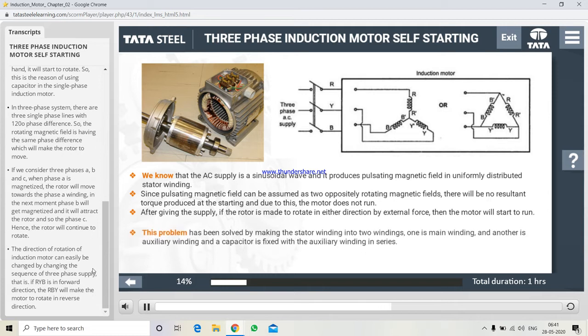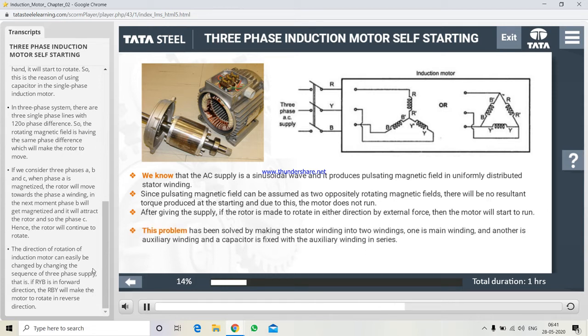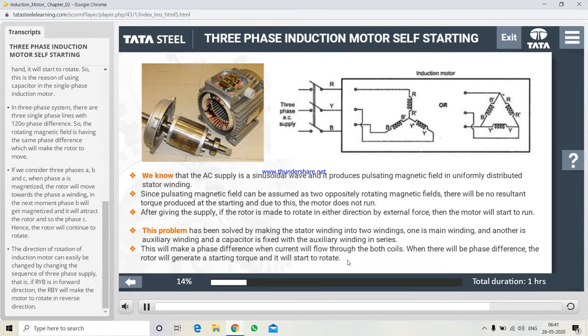This problem has been solved by making the stator winding into two windings. One is main winding and other is auxiliary winding, and a capacitor is fixed with the auxiliary winding in series. This will make a phase difference when current will flow through both coils. When there will be phase difference, the rotor will generate a starting torque and it will start to rotate.